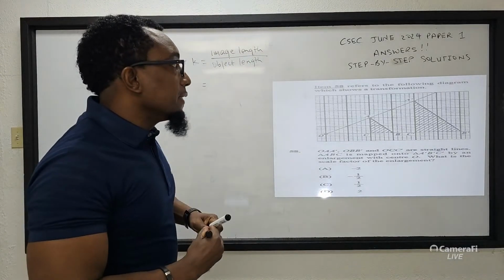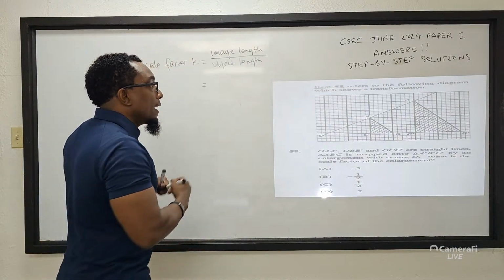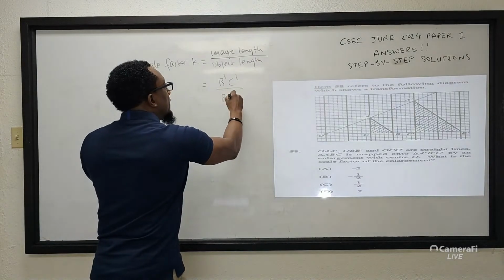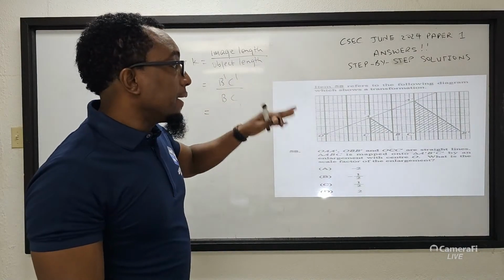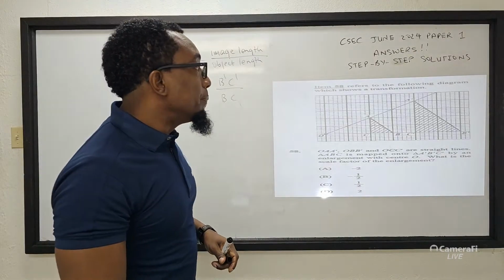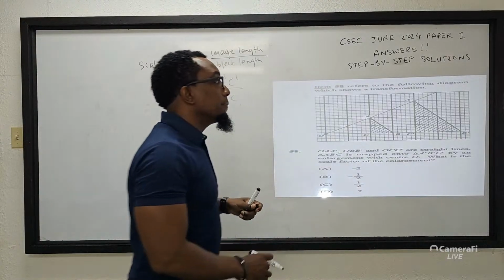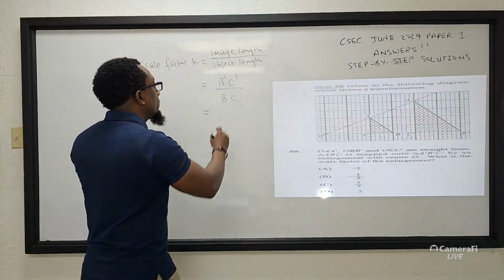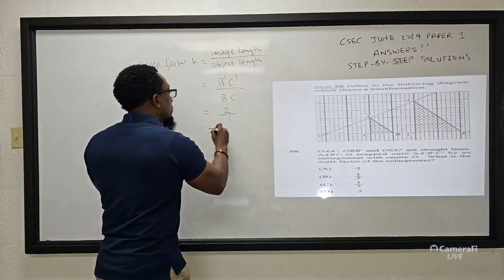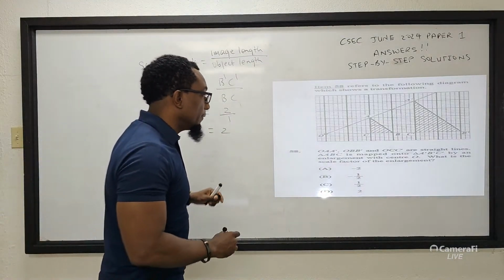The image length we can take B prime, C prime, all over the object BC. You can even go with A prime, C prime, all over AC. Doesn't matter, you get the same result. So B prime to C prime we can have 2 units, over from B to C, that's 1 unit. 2 over 1 gives me 2. So my scale factor is 2, answer D.